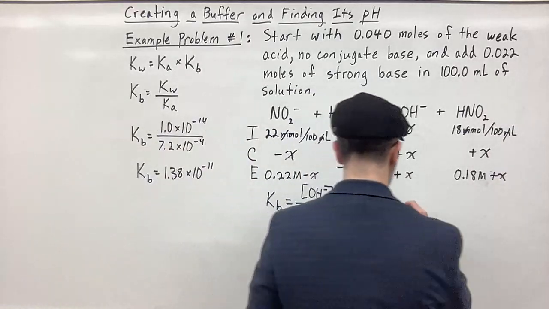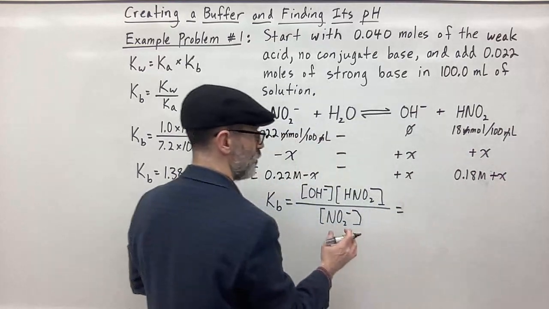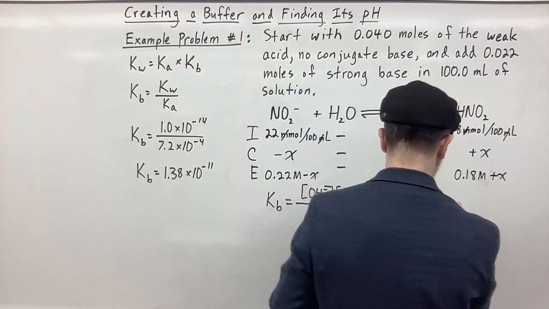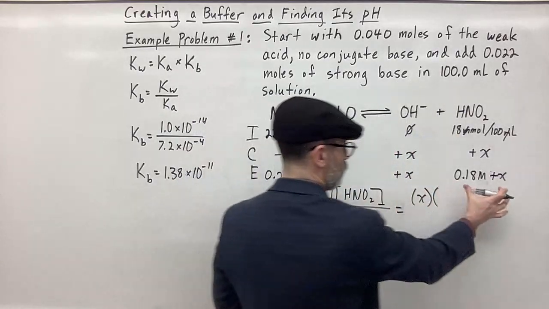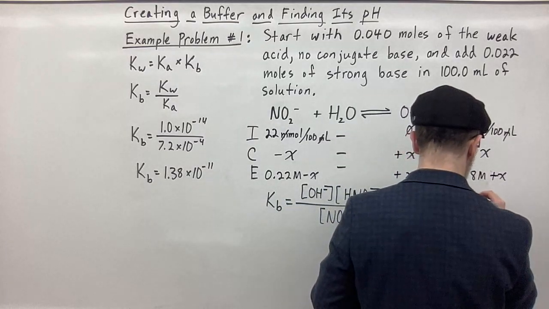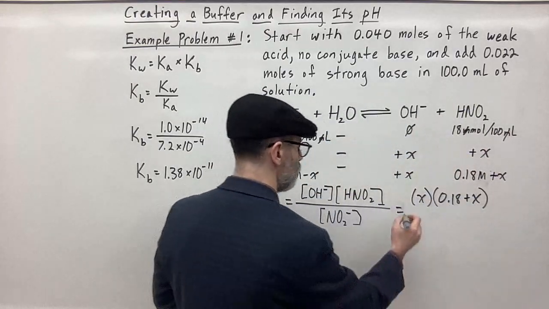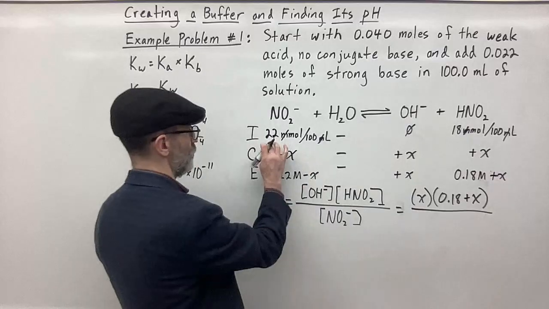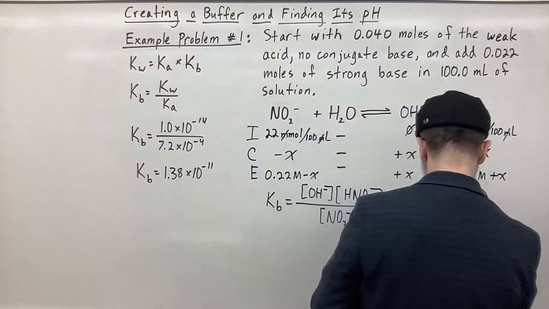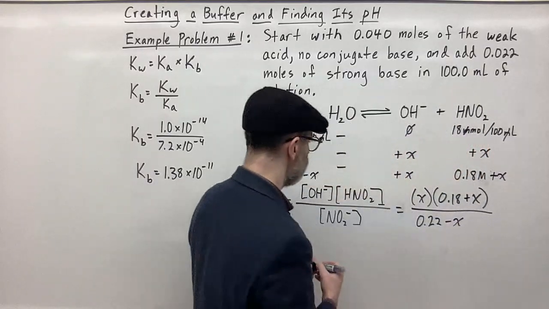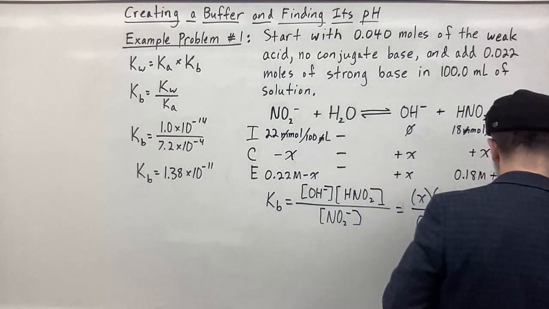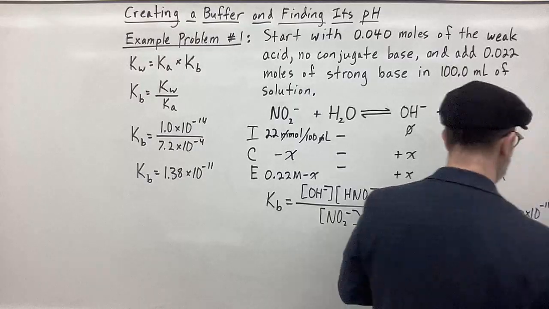So we plug in everything. We plug in our equilibrium concentrations in terms of X. So OH minus is going to be X. So we have X multiplied by the HNO2 concentration, which is 0.18 plus X, divided by the concentration of NO2 minus, which is 0.22 minus X, and that's going to be equal to 1.38 times 10 to the negative 11.